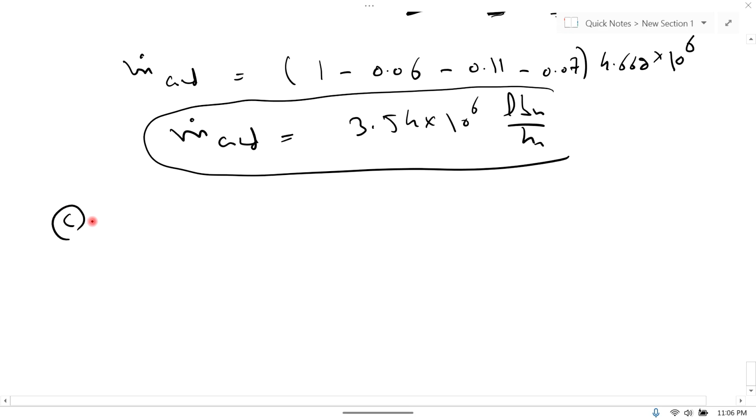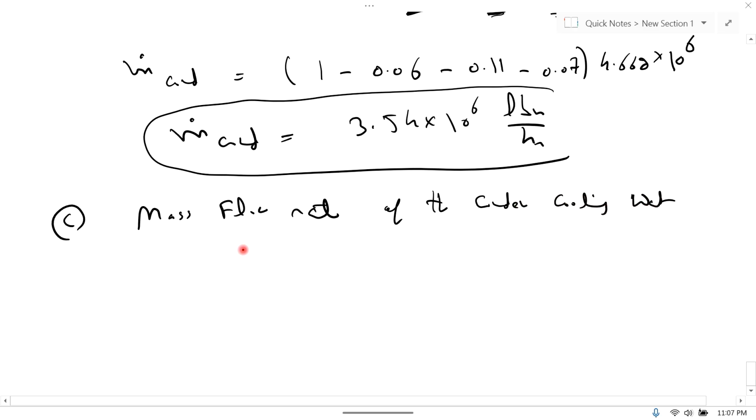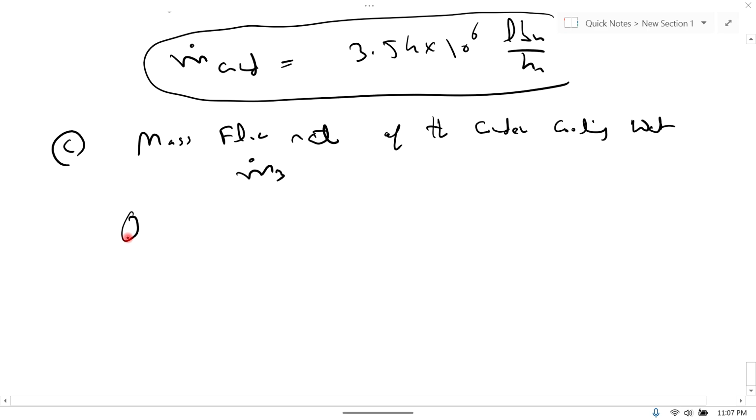Now at part C, the mass flow rate of the condenser cooling water is needed. Let's suppose this is m dot 3. We know that Q condenser is equal to m dot condenser into H3 minus H2.